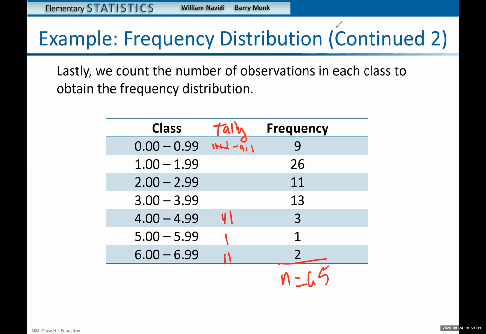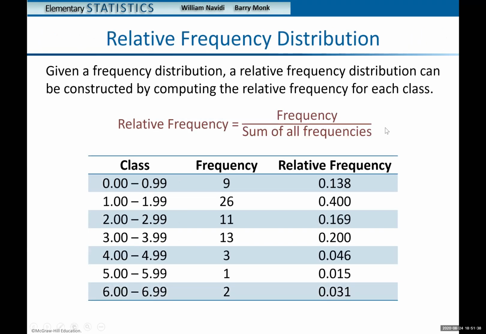And now after we get a frequency, you will be able to get RF. You already know how to get RF. That is F over N. So here we know that the total N is 65. So to get these numbers here, that is 9 out of 65, you'll get this.